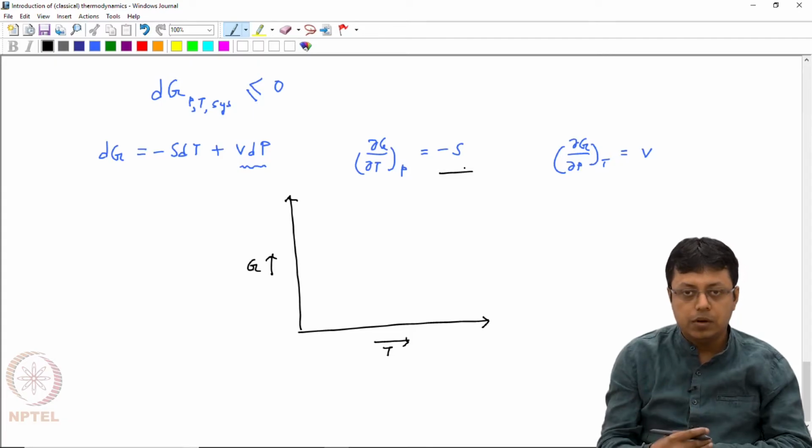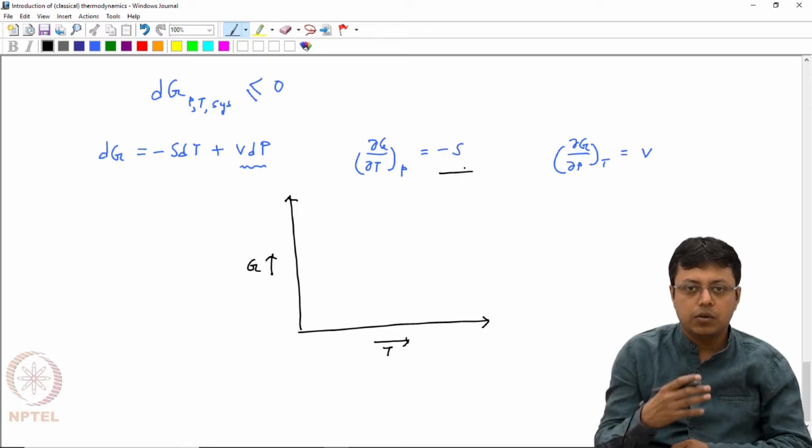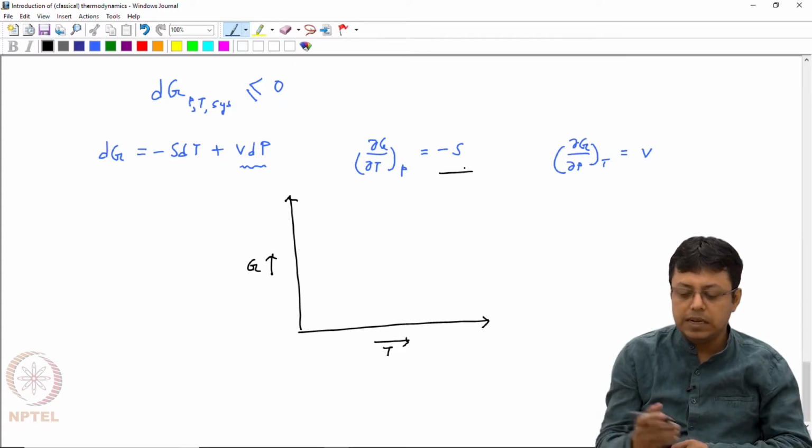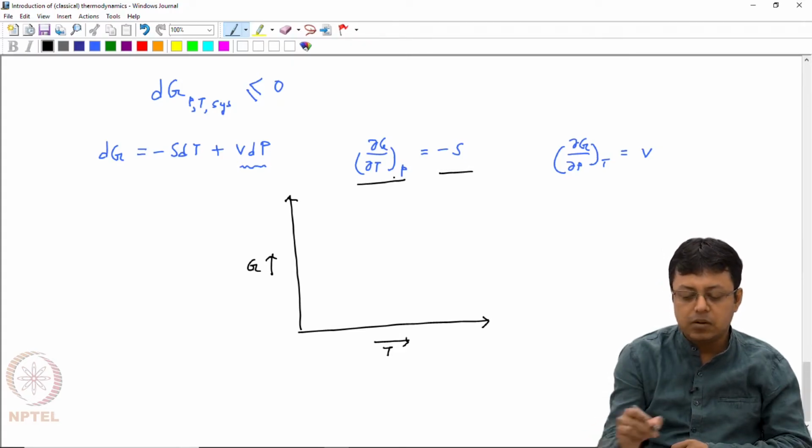Now, the absolute entropy, according to the third law of thermodynamics, which we have not discussed so far, could have a residual entropy in the system, but entropy is always 0 or positive. Close to 0 temperature, ideally the entropy is 0, but always you will have a residual entropy. So we can say that entropy is always positive, in the sense that the slope of the curve of G versus T at constant pressure will be negative.